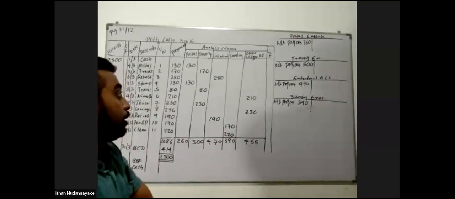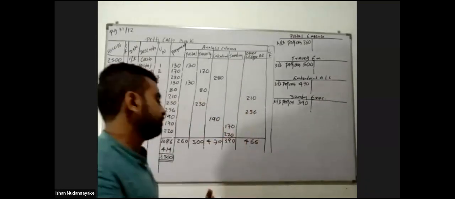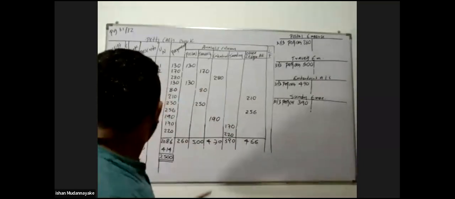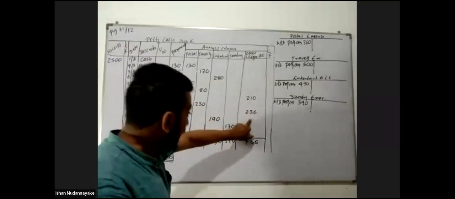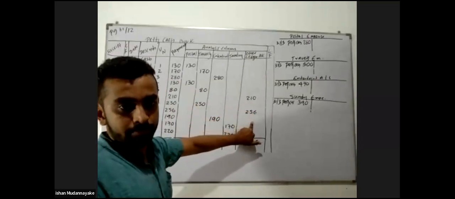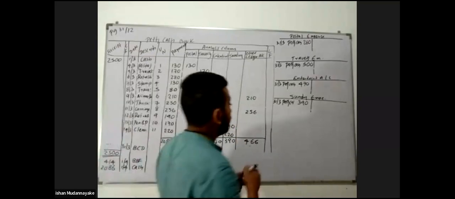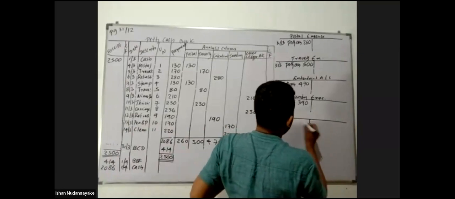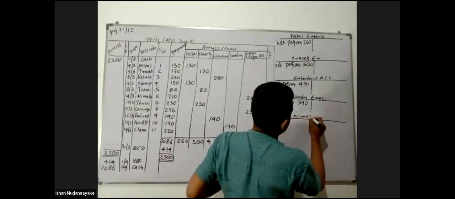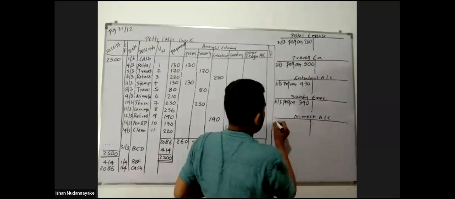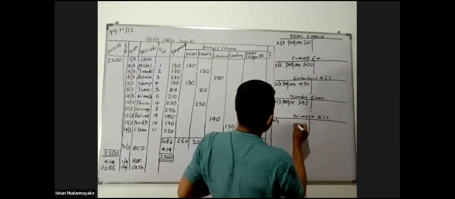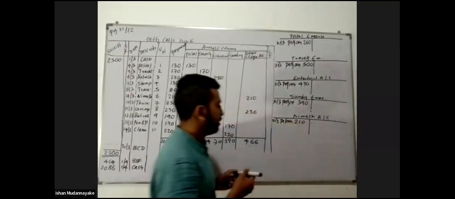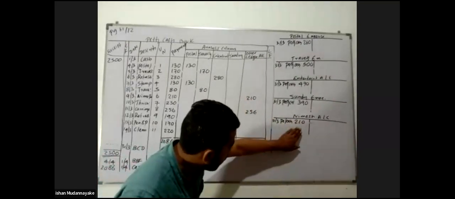And for the other ledger account balances, you need to open separate accounts: Nimesh, separate account, and carriage inward, separate account. Prepare the Nimesh account, 31st March. Nimesh account debit 210, petty cash account credit.